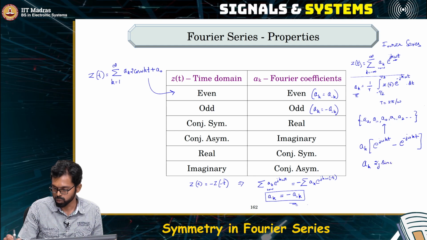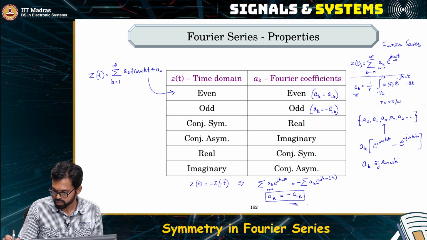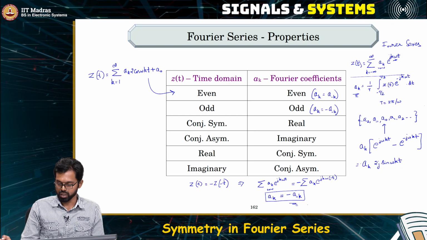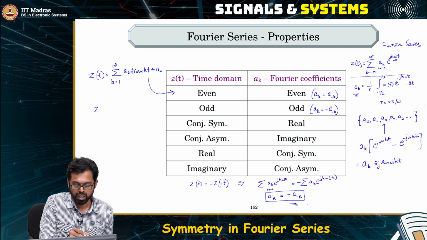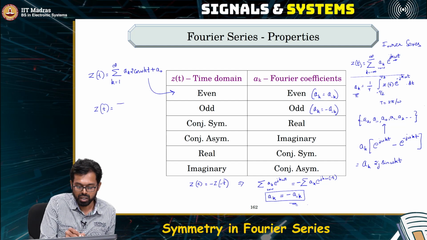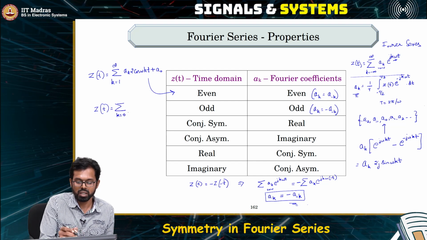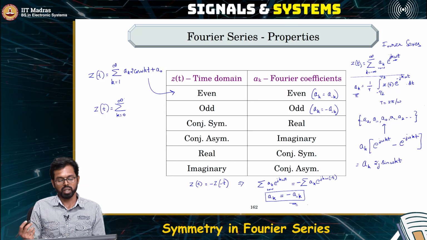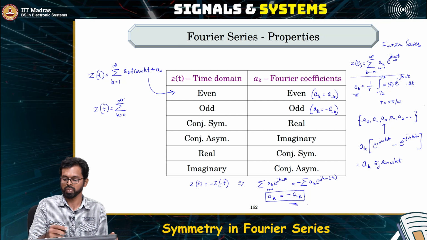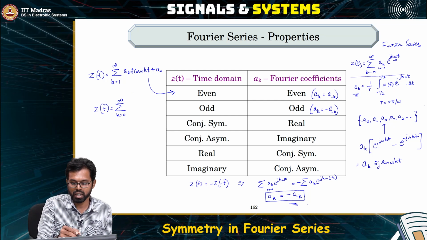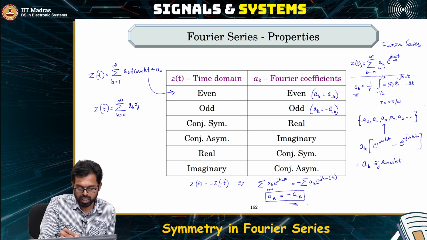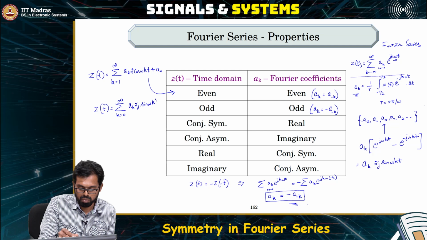2j sin omega t. Now by the same logic that we used earlier, we can now say that whenever a signal is odd, we can now completely decompose that in terms of only sine functions. For even, we can completely decompose that in terms of cosines because cosine is an even signal, and for an odd signal, we can completely decompose that in terms of the sine signals, and we get this representation.